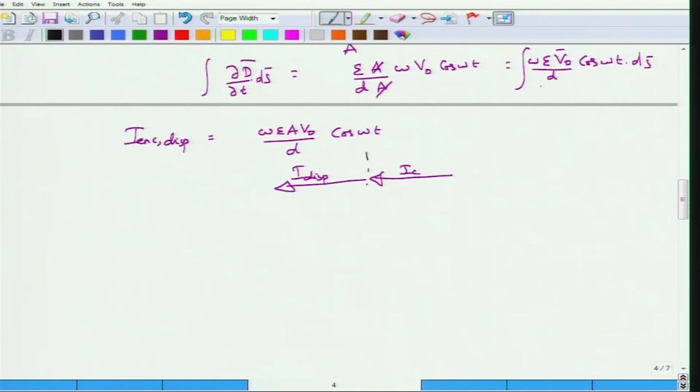So this is how the current continuity is ensured, and outside there is charging current only, right, so that there is a continuity of the current ensured. Well, this analysis should have convinced you that the addition of this displacement current was a very important step.